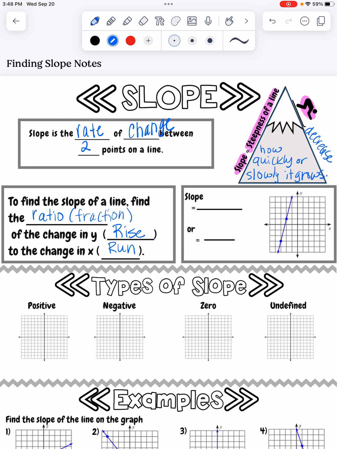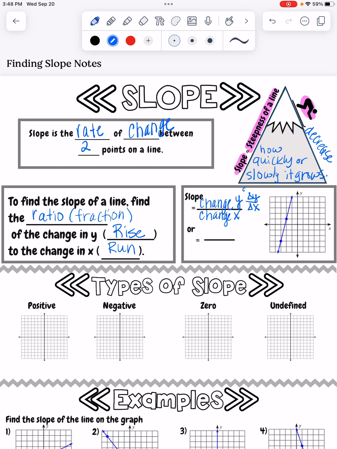The next box over, slope equals change in y over change in x. So you'll probably hear this a little bit over time, that slope is the change in y over the change in x. We do like to get students familiar with this delta sign, which is this triangle. Sometimes you might see that in math. If you see that symbol, it just means change.